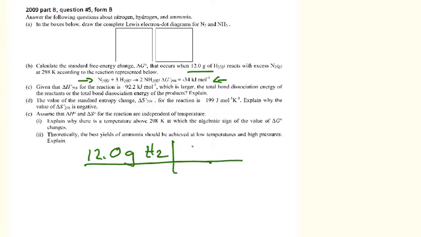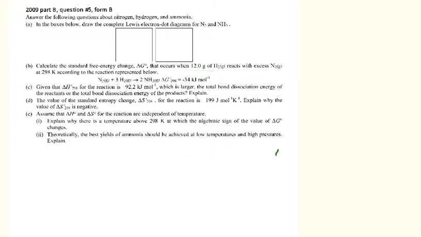And so it's going to be 2.02 grams, and when we do the math, the answer comes out to be 5.94, and that's moles of H2. Alright, so then we want to convert that to energy, so we have 5.94 moles of H2.